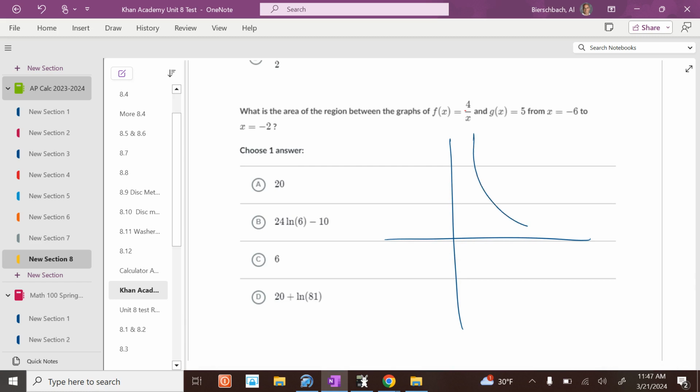Four over x is a graph that looks like this. We're going from y equals 5 to x equals -6 and x equals -2. So it's back over here. x equals -6 to -2, and g of x equals 5.